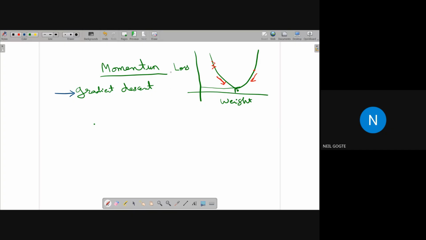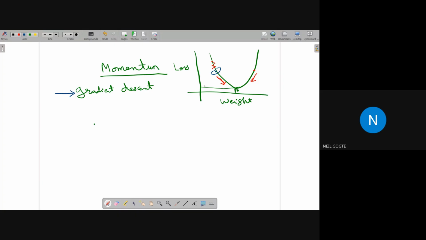Now, talking about the descent further, the question is, when you are descending at this point, just take one point and think about it. How should you descend? Just philosophically.